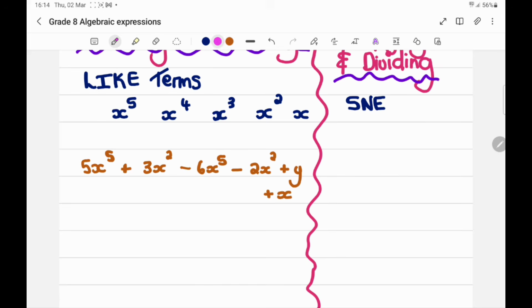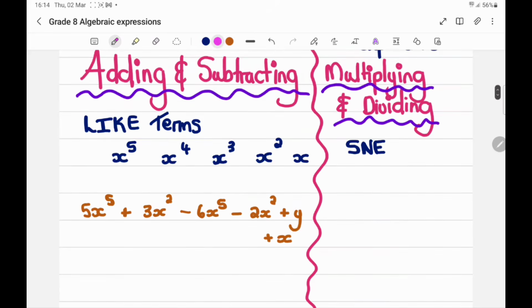Then we need to identify which ones are like terms. Like terms have the same base and the same exponent. And when we add and subtract, we do not touch the base and the exponent. The base and the exponent stay exactly the same. That's why they have to be the same when we add and subtract them.